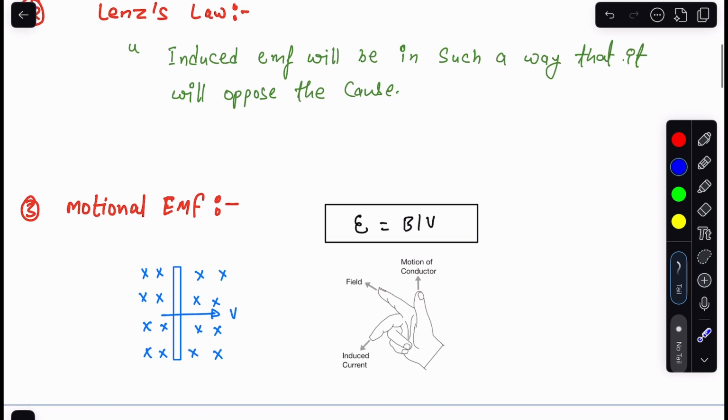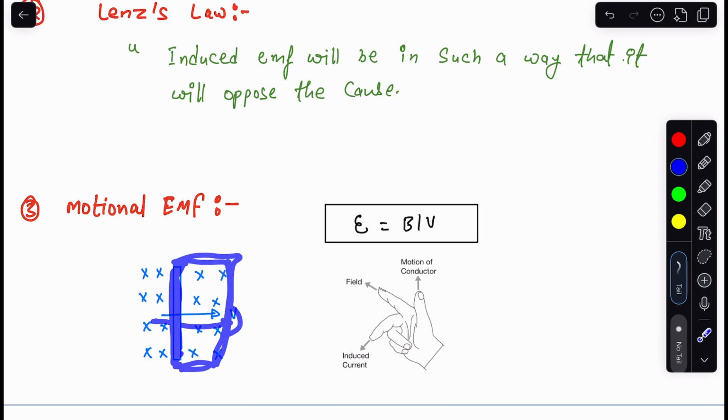Now sometimes what happens, instead of changing the flux, we move the conductor. It can be a conductor as well, or it can be a loop as well. Let's suppose there is a conductor like this, and the conductor is moving like this, we can hypothetically consider a loop like this.